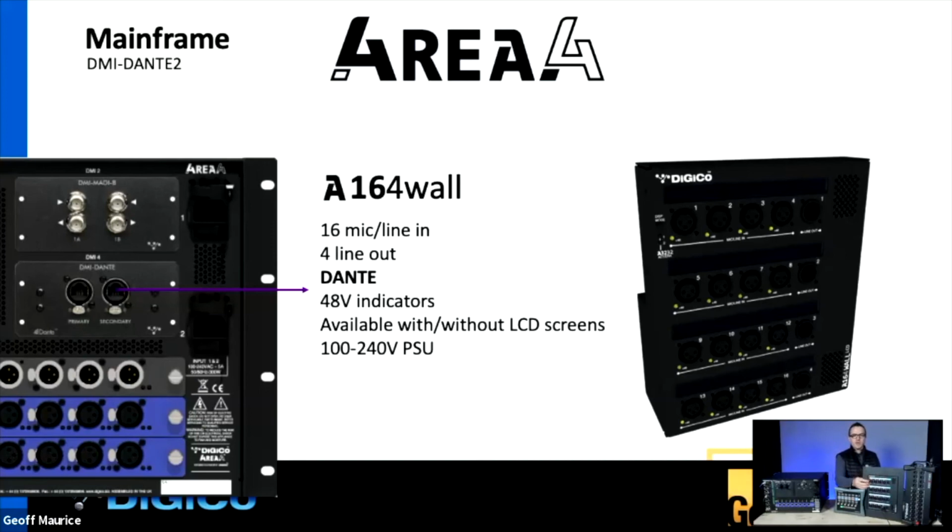I can turn those on and off using the selector button here. And these can change as you're changing a patch or reconfiguring the system for a different event. So it's a very straightforward way to enable some reach that way. And of course, this is Dante based.